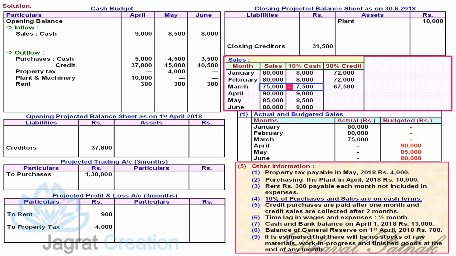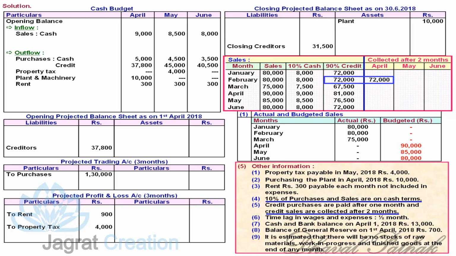Similarly, March credit sales will be recovered in 2 months next. April credit sales will be recovered in 2 months next. But May credit sales and June credit sales will be recovered in 2 months next, but they are not going to be recovered by the end of 30th June. So, credit sale time lag is 2 months. As I told you, February will be collected in April.